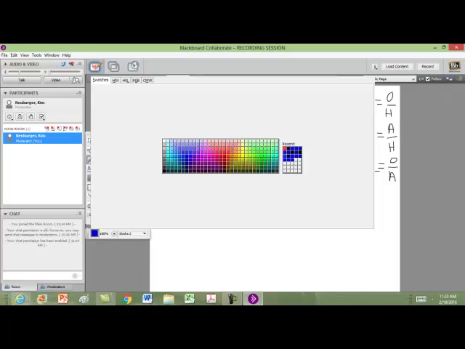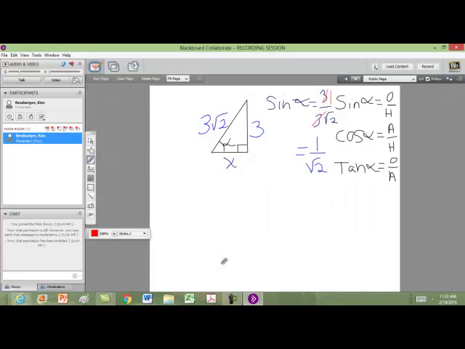So we're going to multiply the top and bottom by square root of 2. What that gives us is square root of 2 over square root of 4. But we do know that square root of 4 is 2. So we're going to simplify this into square root of 2 over 2.